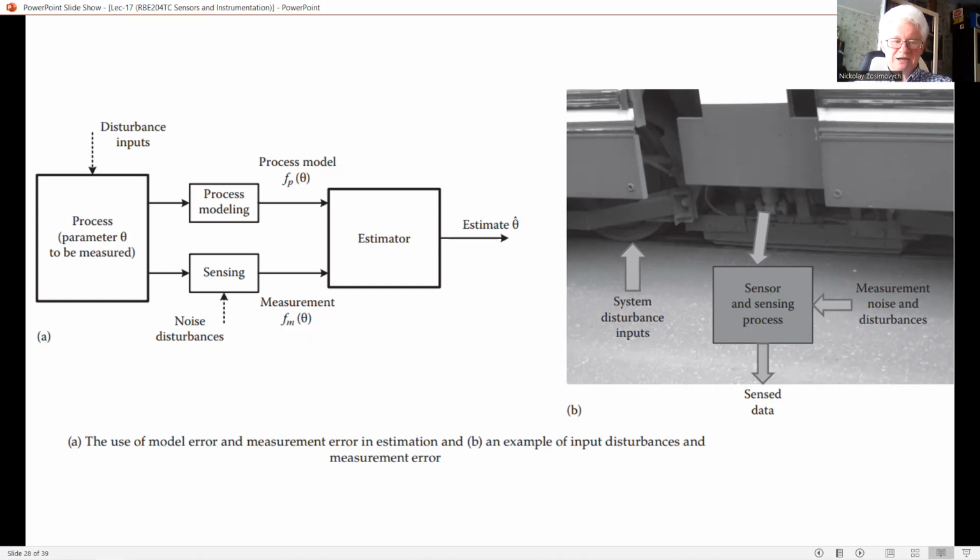The estimator generates an estimate theta hat from the measurement data F_m according to some model. Since the information will not be exact or complete, the estimate will not be precise. An optimal estimator will determine the best estimate according to some criterion, like least square error.